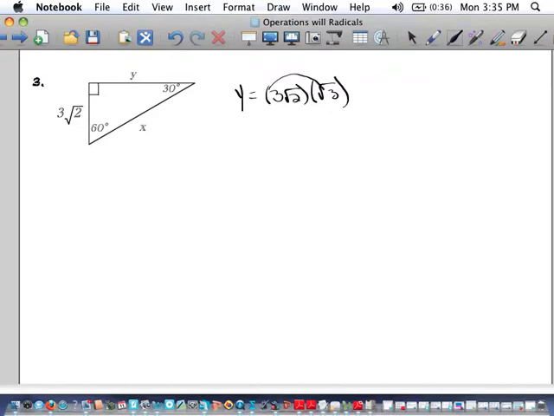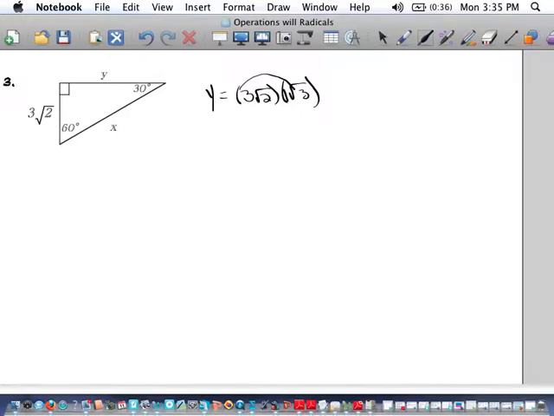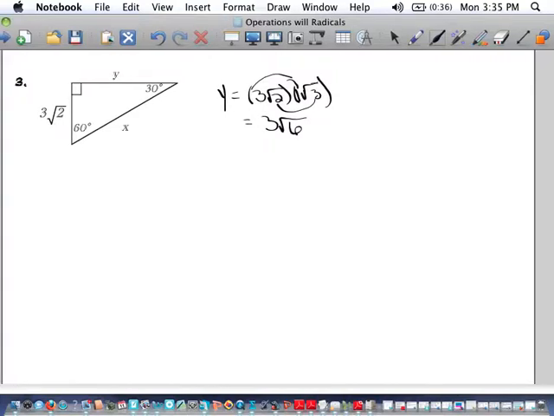Sorry, in this case it's a 1. Let me erase that. I don't like the way that looks. That's a 1. So you're going to get 3, then the radicands together, times the square root of 6. So the long leg, y, is 3 root 6.